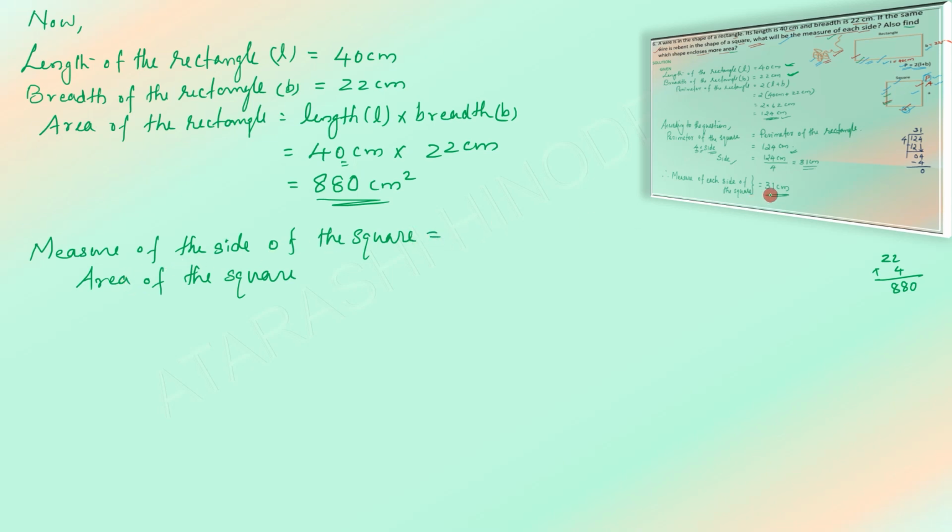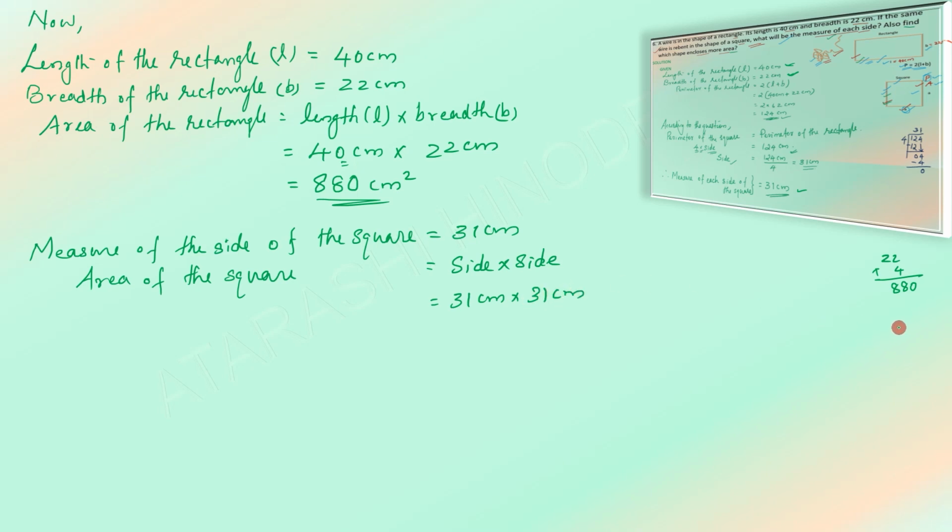Now for finding the area of the square, first measure of the side of the square, that is equal to, here we got it as 31 centimeter. Now area of the square equal to, we know the formula, that is side into side, that is equal to 31 centimeter into 31 centimeter.